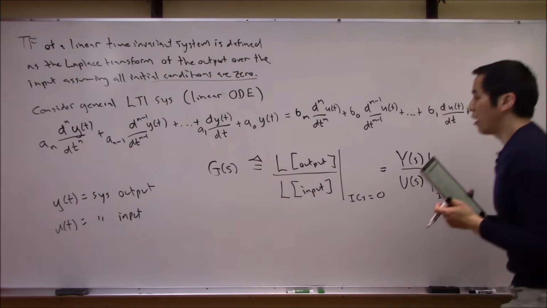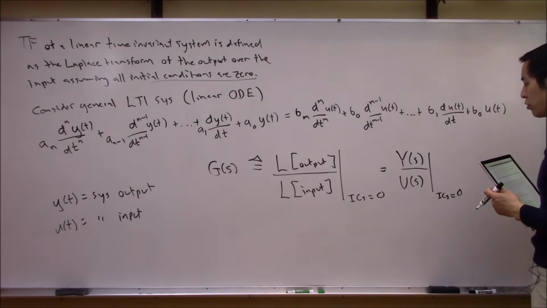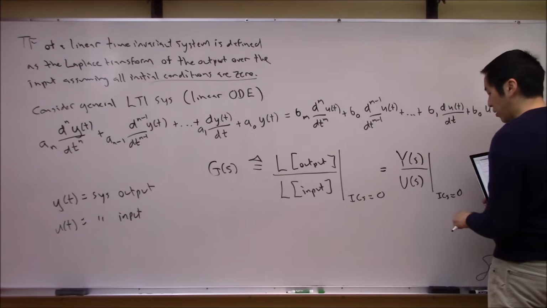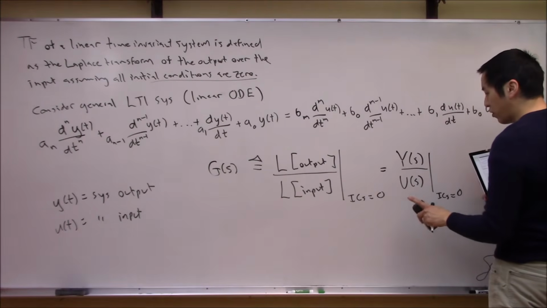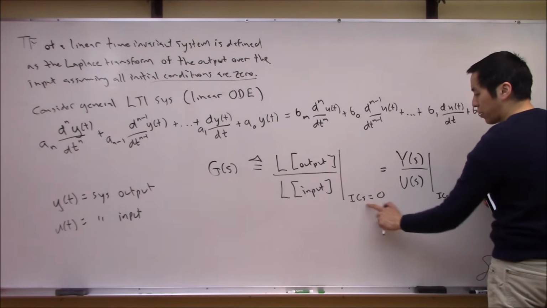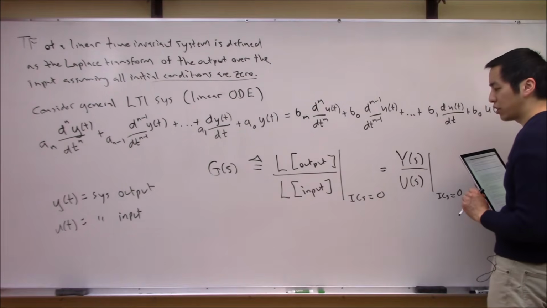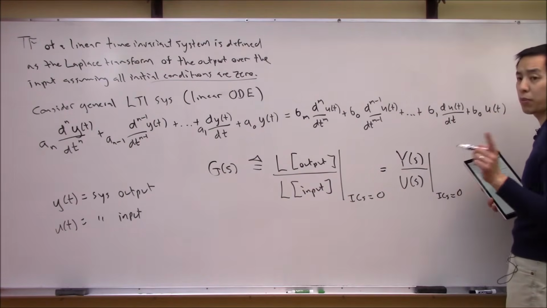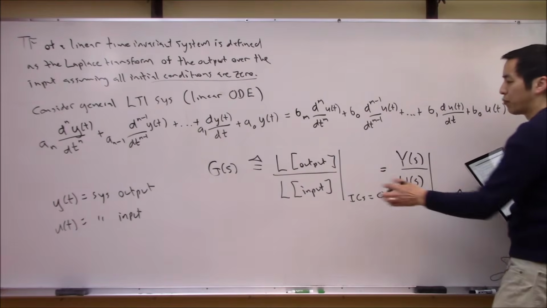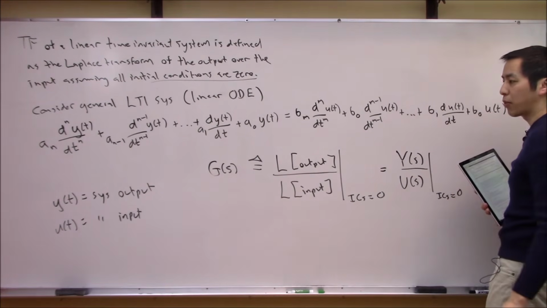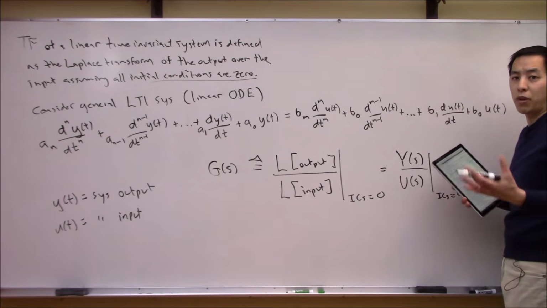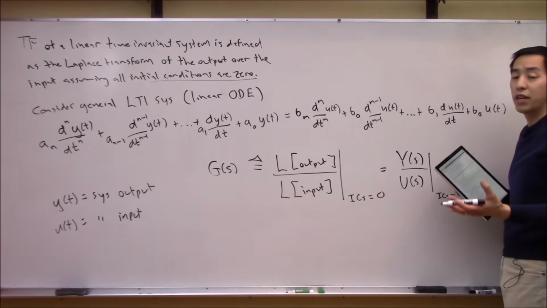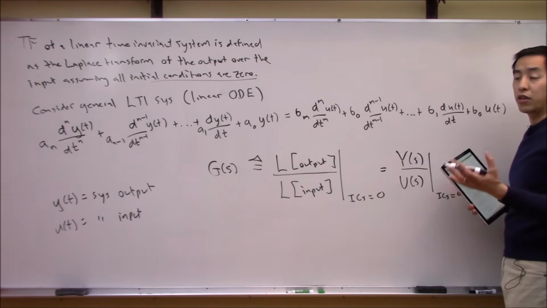So let's take a closer look at this. Before we do that, and maybe this touches on why we need the initial conditions to be 0, let's quickly refresh our memory. In one of our previous lectures, we talked about the Laplace transform operator, and we did a couple of Laplace transforms of common time domain signals.